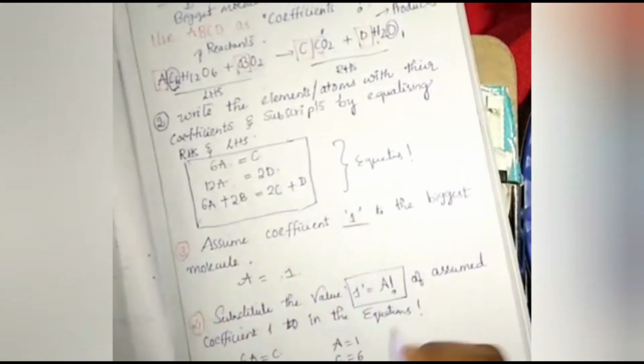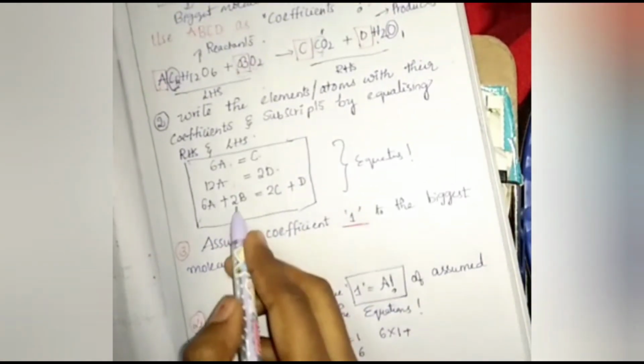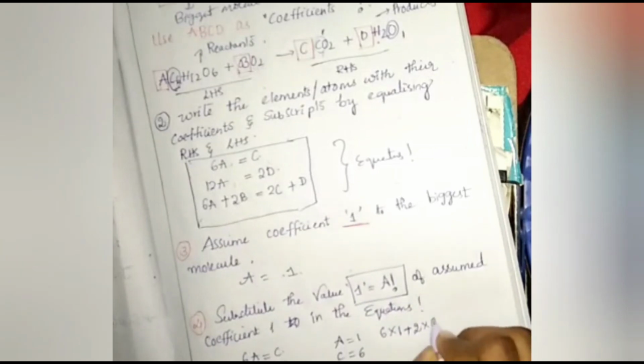Next, 12A equals 2D, so 12 into 1 equals 2D, 12 equals 2D, D equals 12 by 2, that means 6.